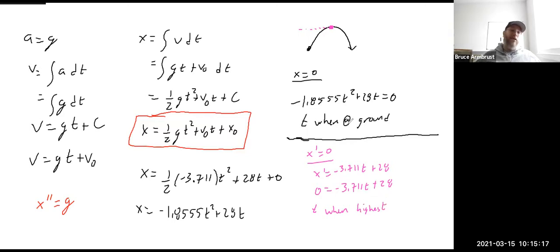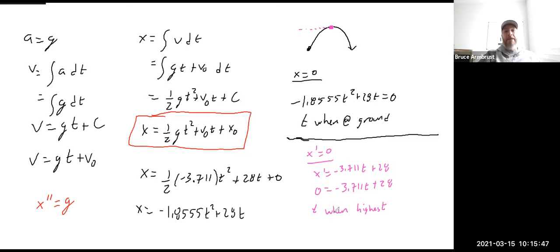Now that doesn't answer the question though, because the question was, how high does it get? Solving this equation just tells me when I'm at my highest point. So how am I going to get my highest point knowing this time? Actually, I'm not going to use the first derivative test.